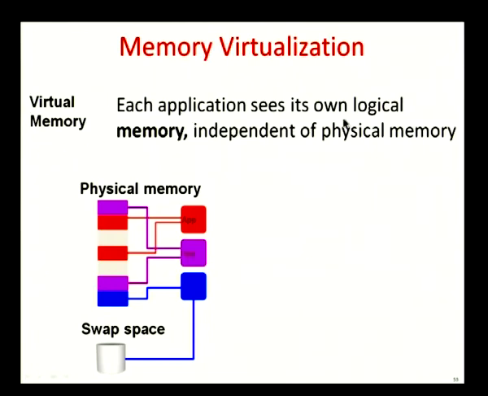Each application sees its own logical memory independent of the physical memory. Normally, we will be running multiple applications because we have more processor capability, so the CPU speed is more. Instead of running a single application, it is possible to run 3 or 4 applications simultaneously. Internally, the processor is shared by different applications. Similarly, the memory can also be shared.